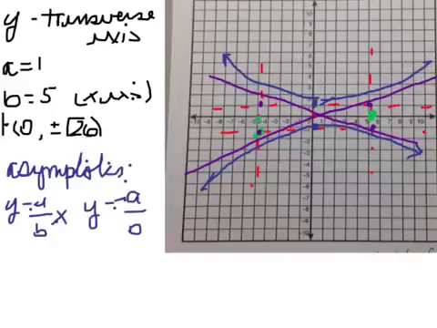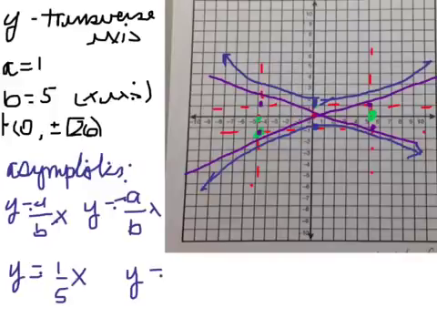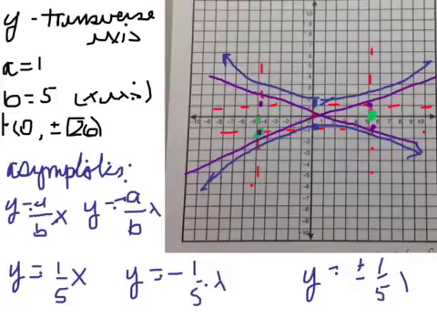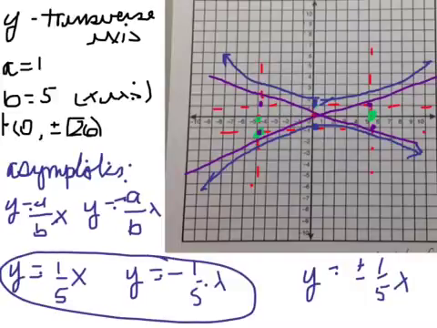It's basically plus or minus a over b x. So for my asymptotes, a is 1, b is 5, so y equals 1/5 x is one asymptote, and y equals negative 1/5 x is another asymptote. Sometimes we would write that as plus or minus 1/5 x. That's the way some books would write it. I'll just do this separately since they didn't put it that way in your book.